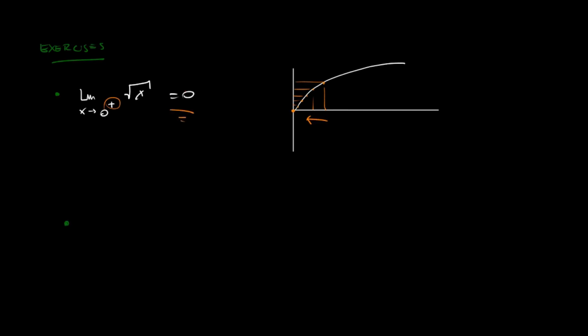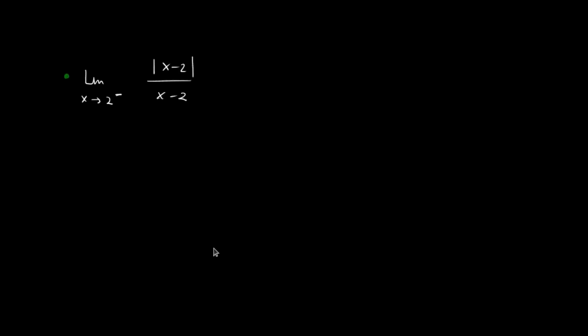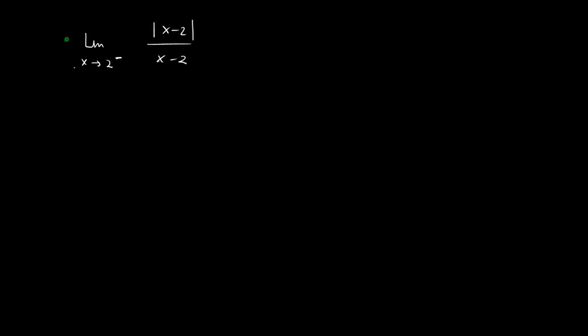Now let's look at this other example. Let's have a look at the limit when x tends to 2 from the left of the function absolute value of x minus 2 divided by x minus 2. So the first thing we have to notice is that we're getting closer to 2 from the left. That means that x goes to 2 from the left implies that x minus 2 is smaller than 0.